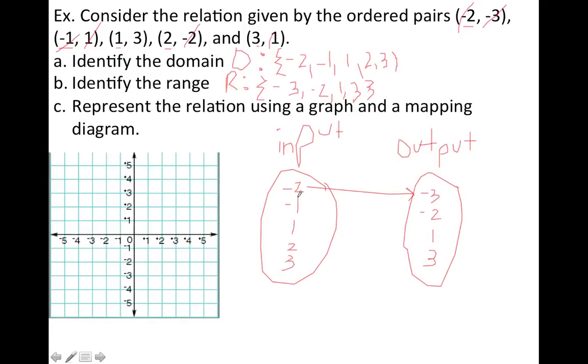Then we have (-1, 1). Then we have (1, 3). Then we have (2, -2). And last but not least, we have (3, 1). And you are done.